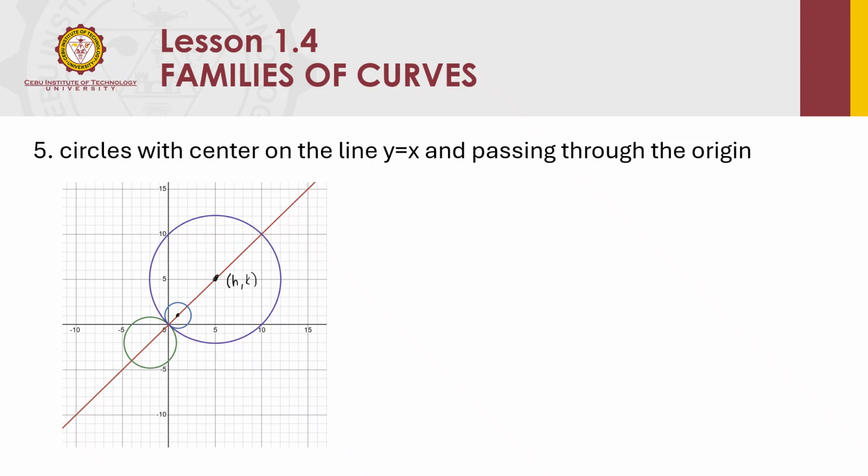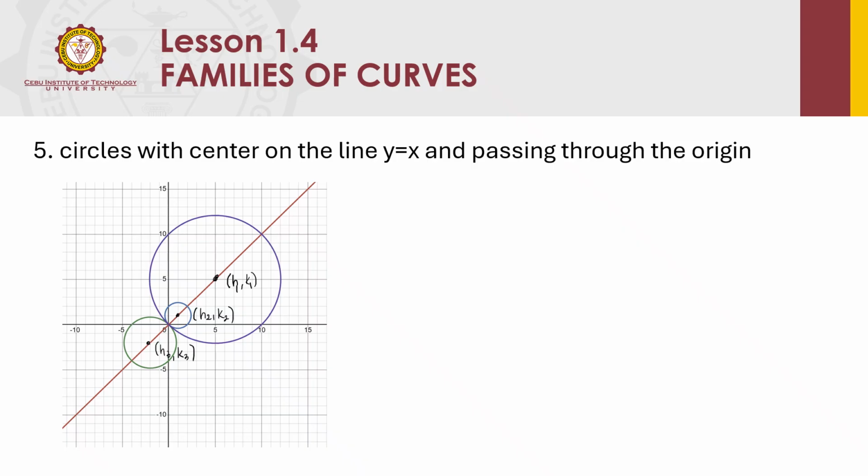So we can label the first one as h1 and k1, and then for the second one as h2 and k2, just to show that the 3 centers here are of different values. And then for the third one, let's say h3, k3.